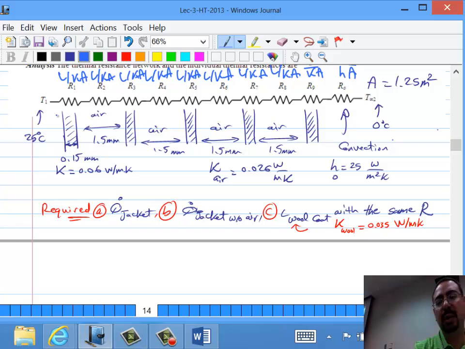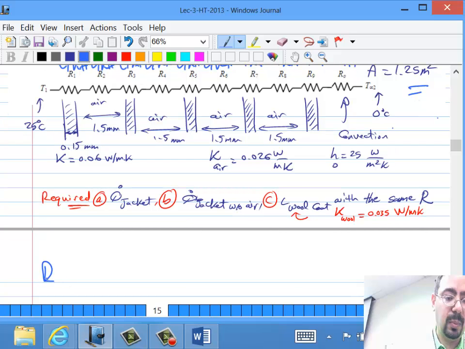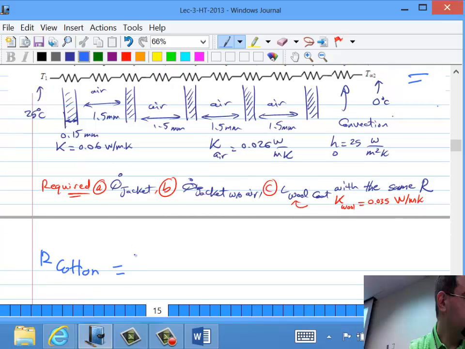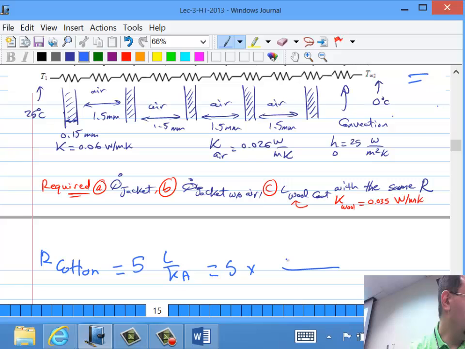So we can just basically say R cotton is 5 L over KA, of course cotton, so that's 5 multiplied by L, remember using SI units, 1.5 over 0.06, 1.25.